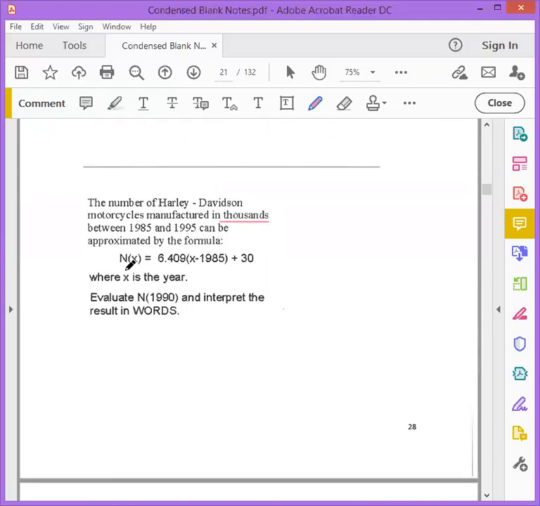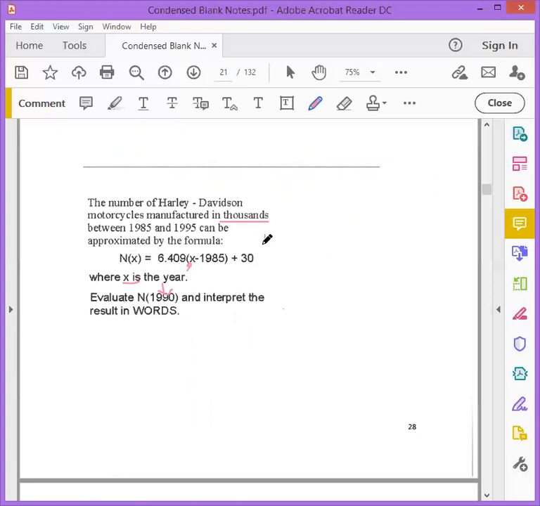We have this function N of x equals 6.409 times the quantity x minus 1985, plus 30, where x represents the year. We want to evaluate the value of the function when x is 1990. So we're going to substitute 1990 here into our function everywhere we see x. And then we want to interpret the result in words.